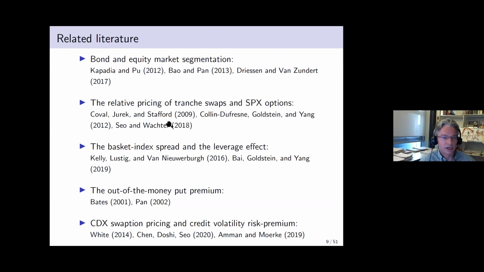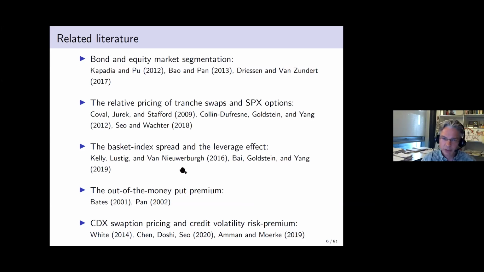The other set of papers that we relate closely to are these papers here on the relative pricing of tranches and equity options, as well as the basket index spread leverage effect. Our model framework is very close and builds a lot on these previous papers, in that we also use a jump diffusion model for asset values. We also use a large homogeneous portfolio approach to model the indices.